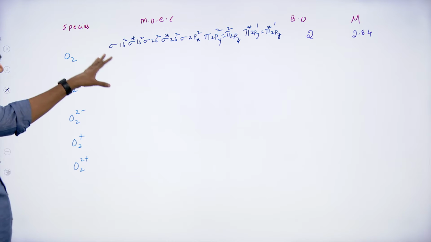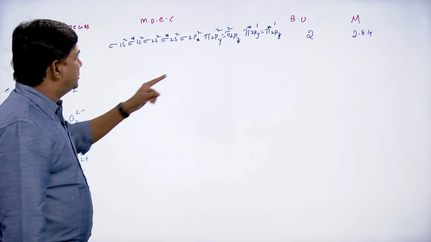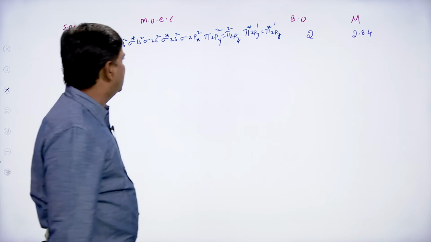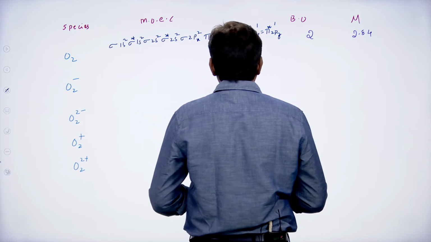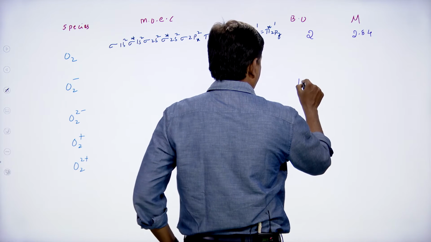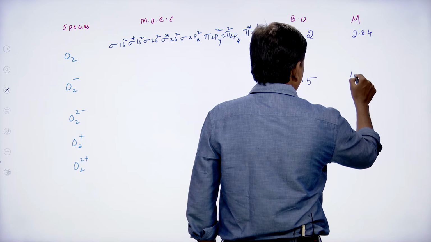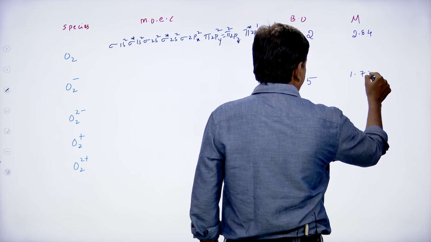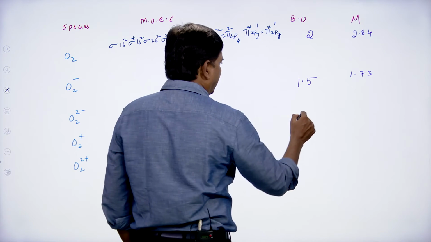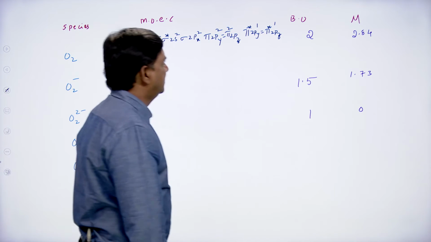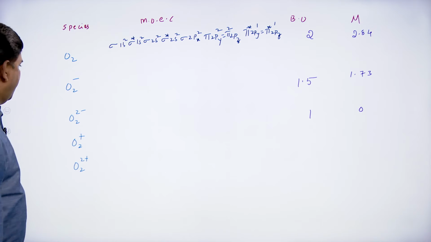Now you can fill up this thing, students. O2 minus means one more electron is added here. Like that you can fill up the electron configuration. Bond order of O2 minus is 1.5, and magnetic moment 1.73 Bohr magnetons. O2 2 minus is 1, and magnetic moment 0.